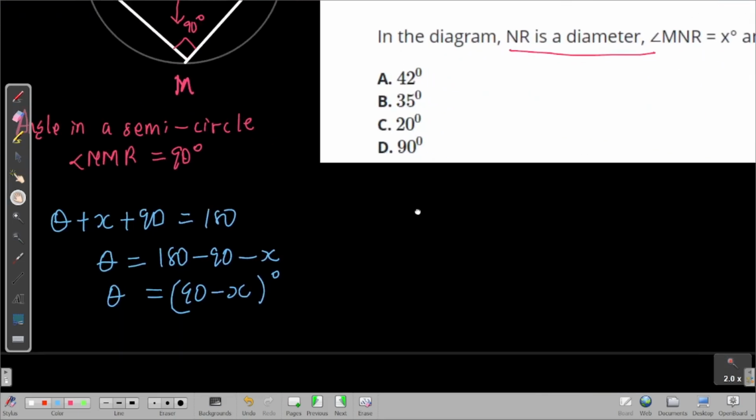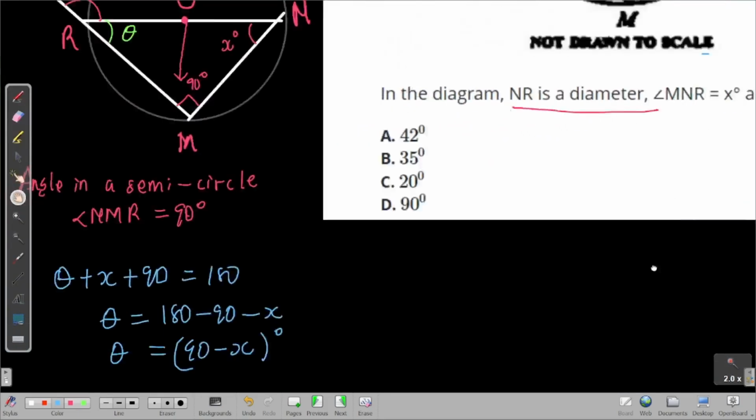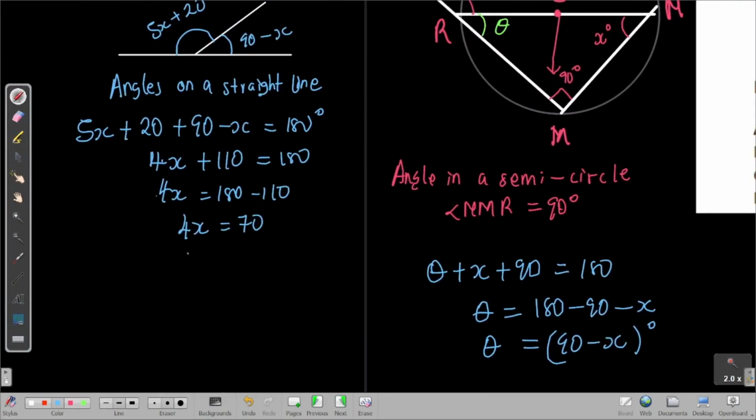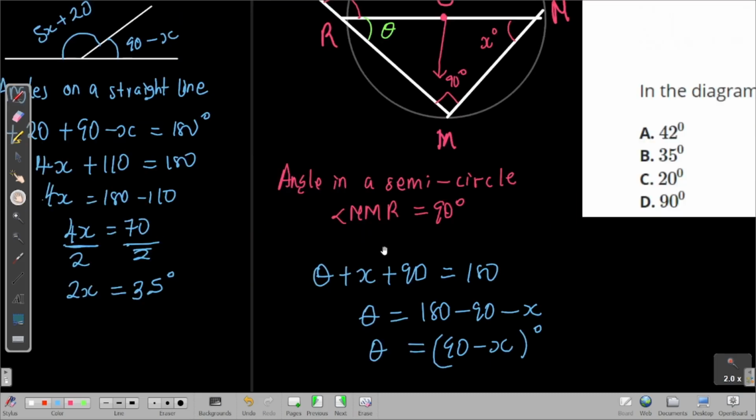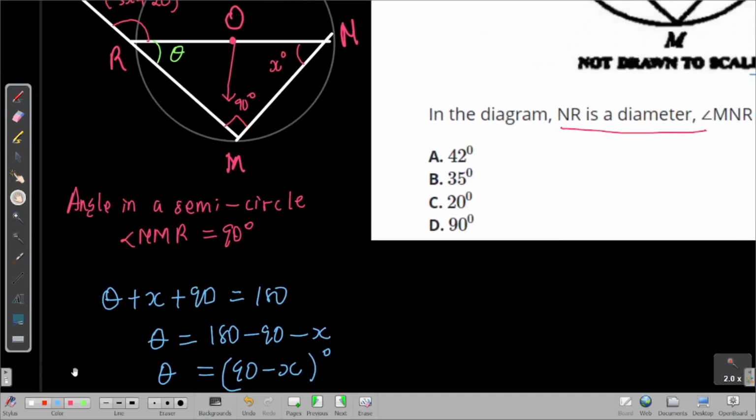Is that not what the question asks us to find? 2x. Okay, how can we find 2x? If we divide both sides by 2, we'll get 2x. So 2x is equal to 35. So the answer is B.